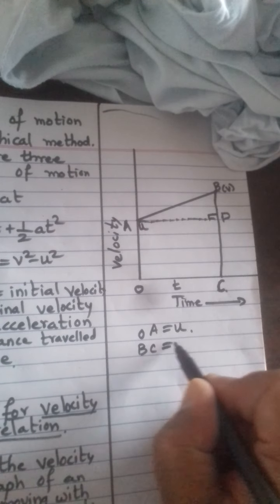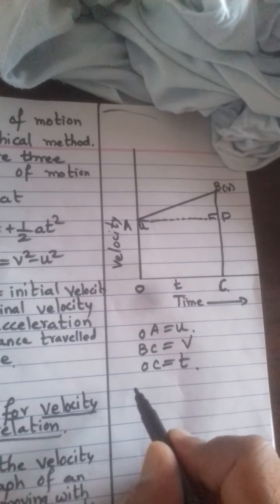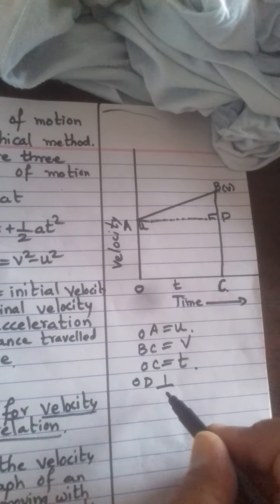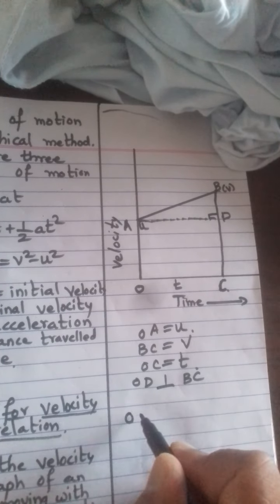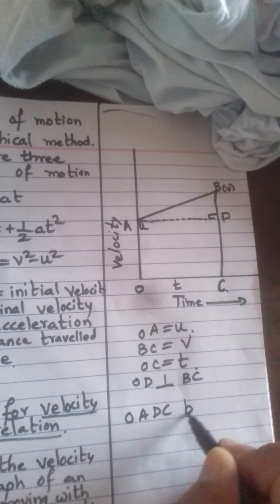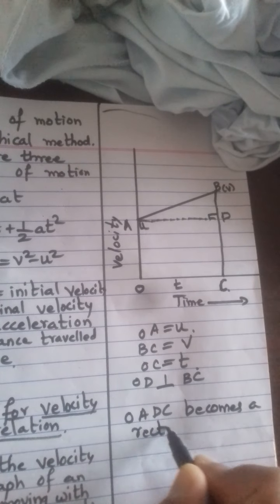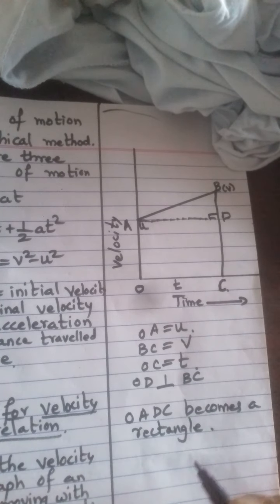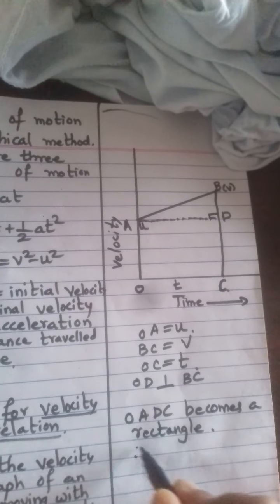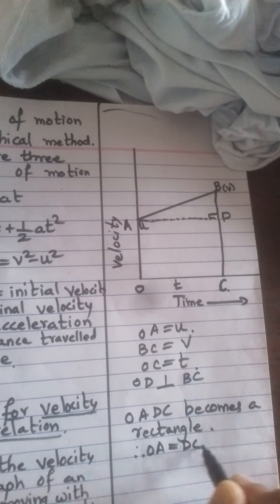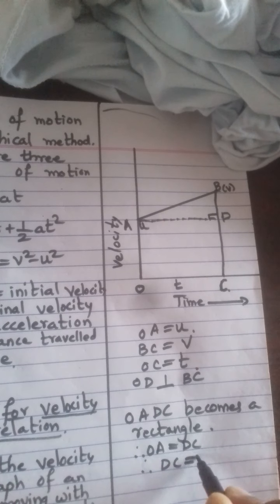BC is equal to v. OC is equal to t. And we have drawn OD perpendicular to BC. So OADC becomes a rectangle, and OA should be equal to DC. So if OA is equal to u, then DC should also become equal to u.